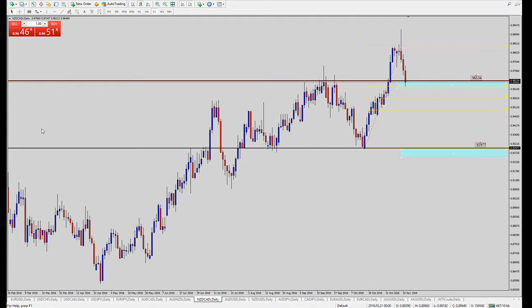Next up we have NZDCAD, which I also did a Fibonacci retracement on, and what we'll be looking for is a small pullback here. As you see, that is in the uptrend, and right now it is at a support, which is testing this week. If we do get bullish confirmations, we're looking for it to spike to these highs right here, or even continue higher.